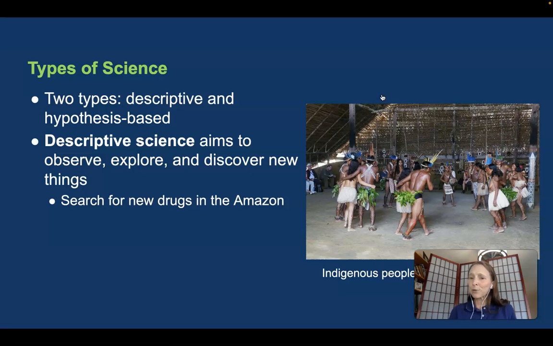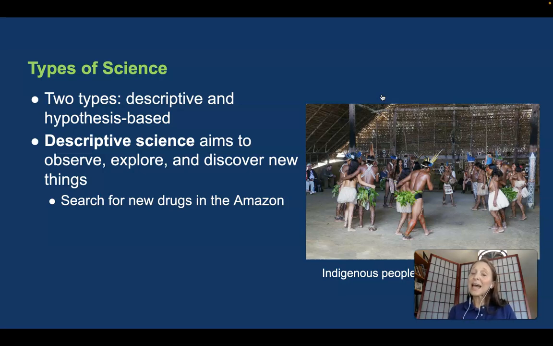So for example, if we were to use descriptive science to discover a new species of plant in the Amazon, we may say, well, this new species of plant was used by these indigenous people for medicinal purposes. Then we may take that plant, and this was actually what I did for my graduate research, and look at some of the plant compounds within it.